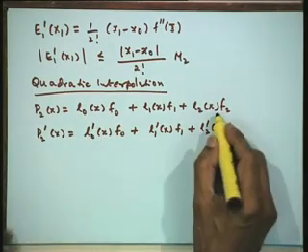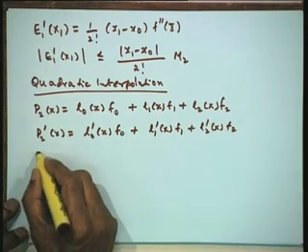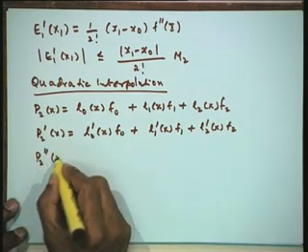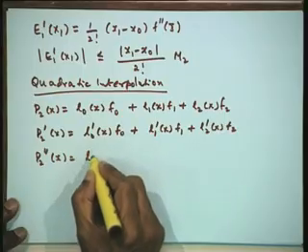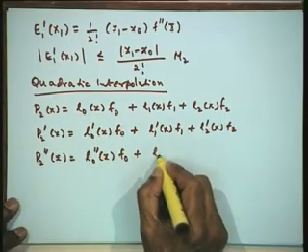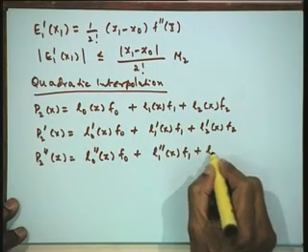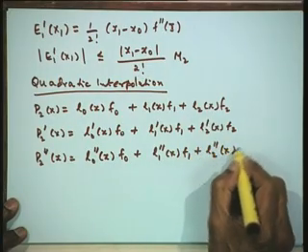Now, this is a quadratic polynomial, so I can differentiate it once more and get the second derivative also. That is L 0 second derivative times f 0, plus L 1 second derivative times f 1, plus L 2 second derivative times f 2.